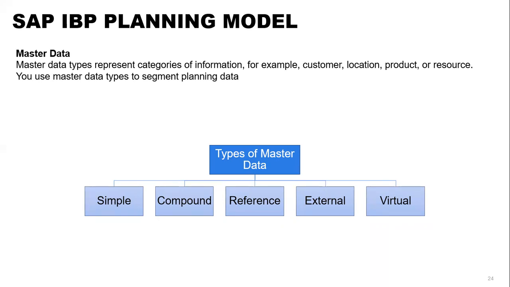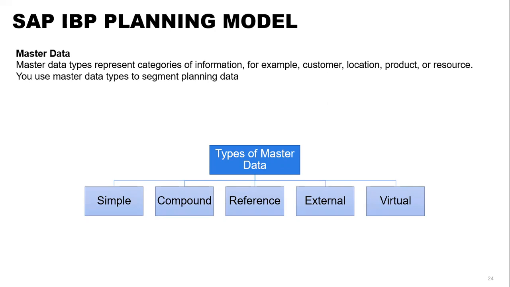So it's a combination of product and location, or location and customer, or product, location, customer. It is a combination of one or two or more simple master data, and that we call compound master data.